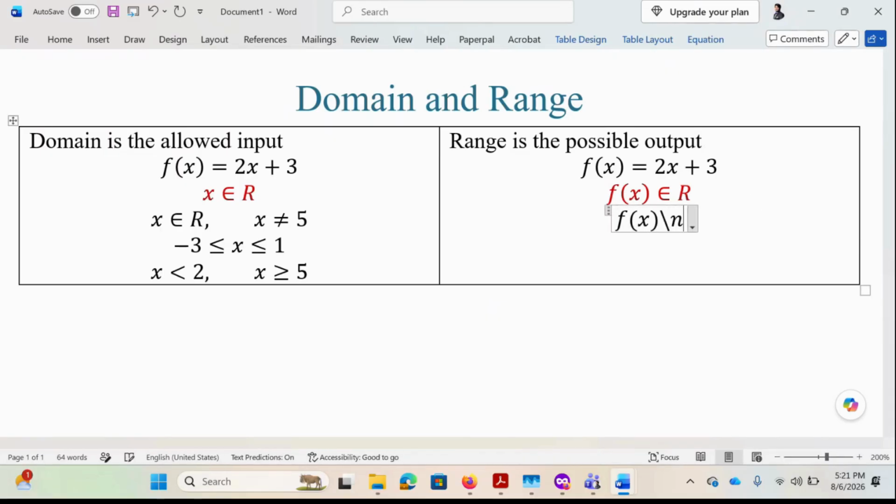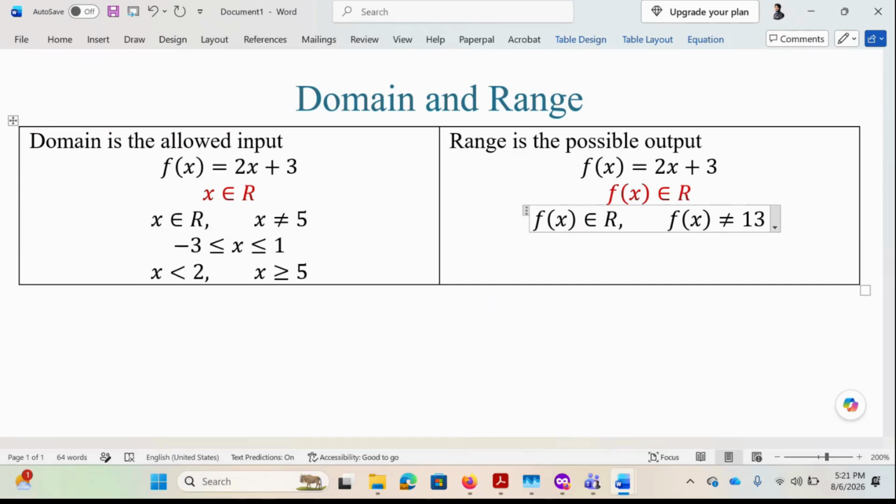So you will tell me f(x) is an element of real numbers, but my output cannot be equal to 13. I will get all possible outputs, but I will not get the output 13. Is this clear? Why will you not get 13? Because you're not allowing me to plug in 5. Is this clear? Now, what about the next two?